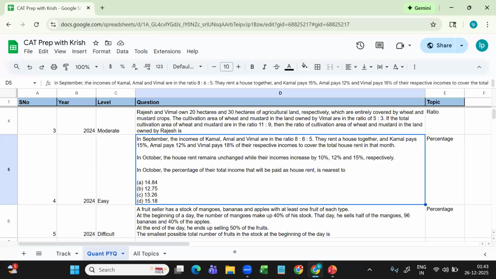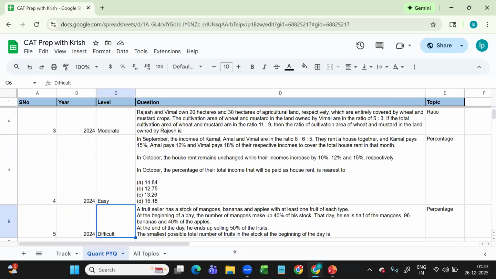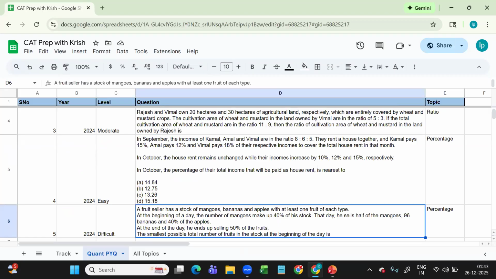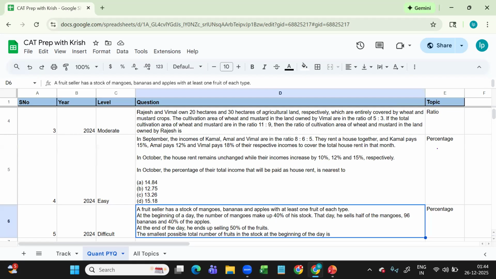So this I was able to solve, it was easy. And the next question, the fruit seller question, for me, it was difficult. When I heard the solution on YouTube, what I understood is that it is easy if we take the number of mangoes plus bananas plus apples as one variable T. Then if we start solving it, we will be able to solve it.